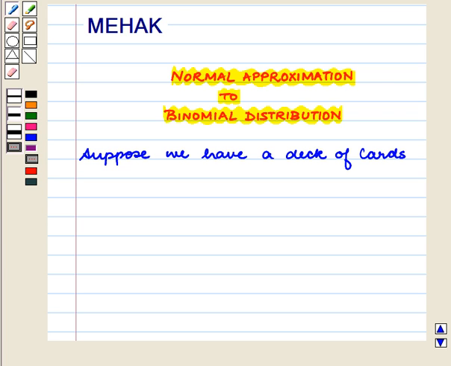Suppose we have a deck of cards. The probability of drawing a heart from the deck of cards is 1/4.